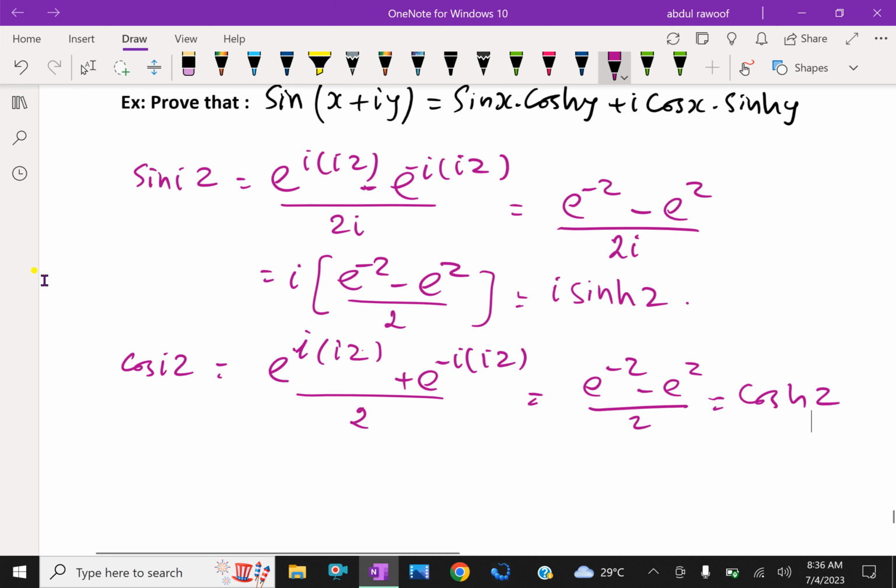That is, cos iz equals cosh z. Now using these two results, sin iz equals i sinh z, and cos iz equals cosh z.